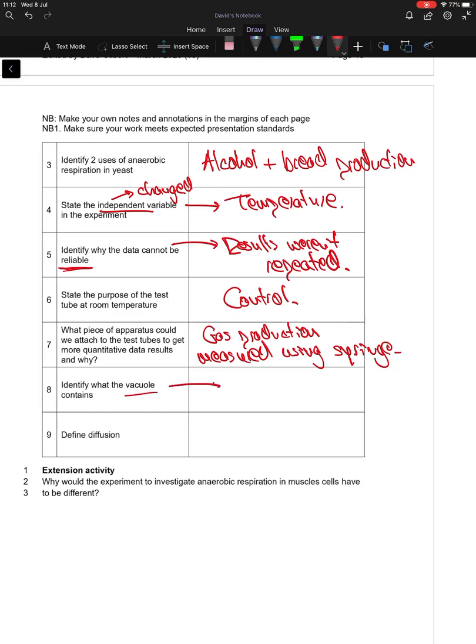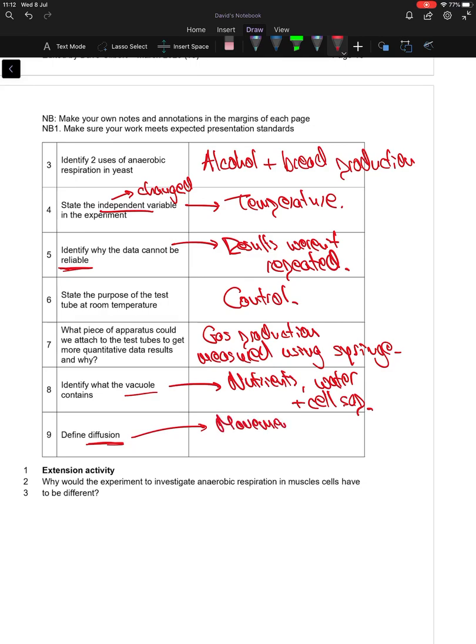Now, think about plant cells. What does a vacuole contain? It contains nutrients, water, and cell sap. And then what's the definition of diffusion? We've mentioned this a little bit in relation to respiration.